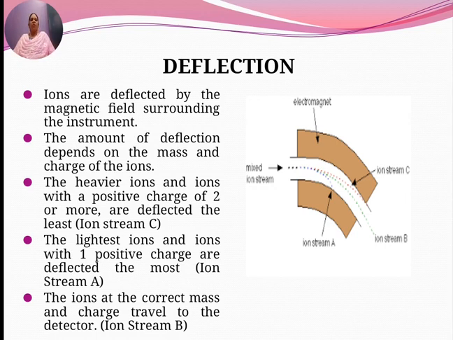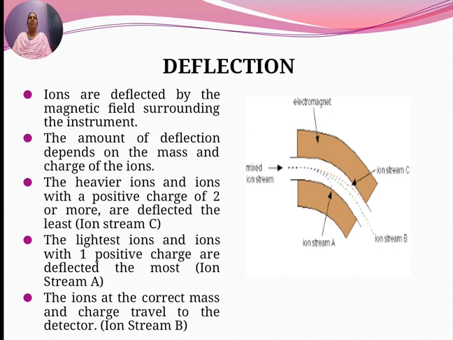The heavier ions and ions with a positive charge of 2 or more are deflected the least. Here we have ion stream A, ion stream B and ion stream C. Because the heavier ions are heavier, their deflection is very small.